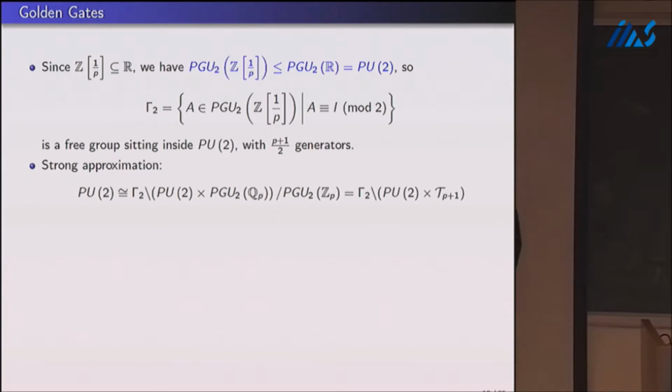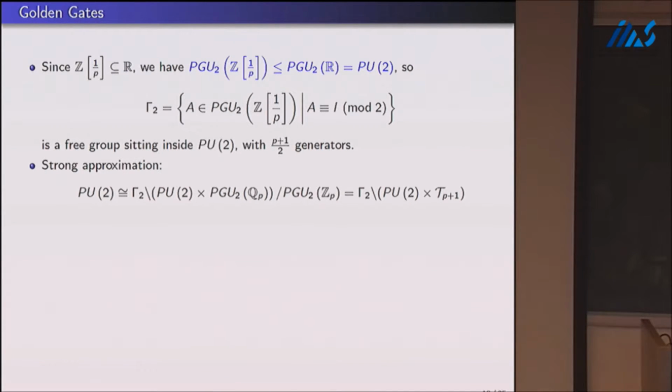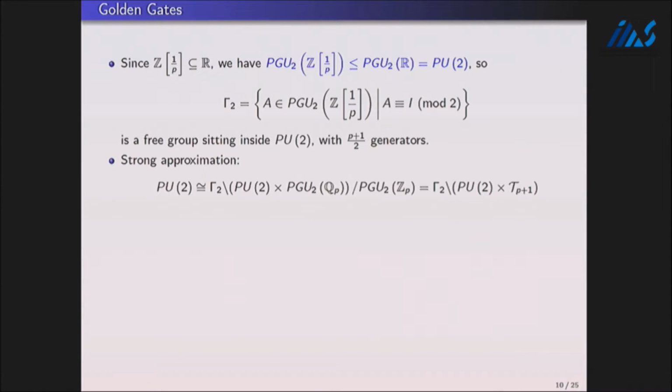So ignore for a moment the middle. Here I have gamma 2 acting on the real unitary group and on the Bruhat-Tits tree. But we said that this guy acts simply transitively on the Bruhat-Tits tree. So this kind of kills this guy, and you're left with PU2. So if you just ignore the middle, then it seems quite simple. But the thing is, you look at the diagonal action, and this allows you to move operators from here to here.